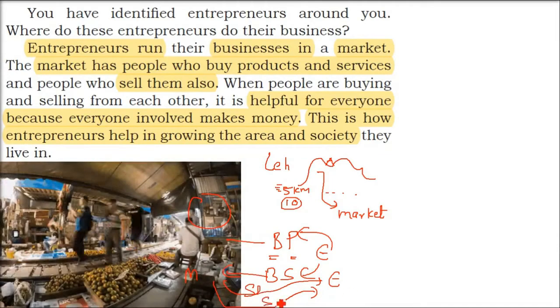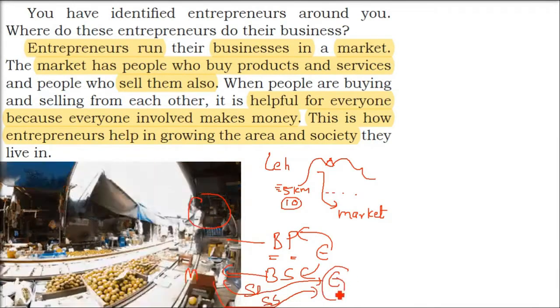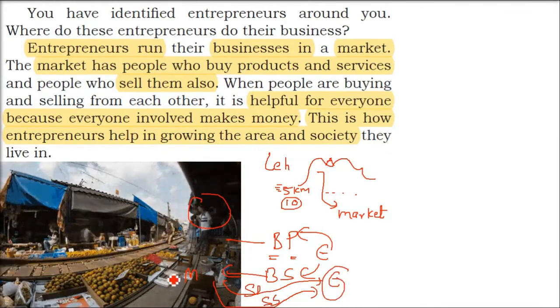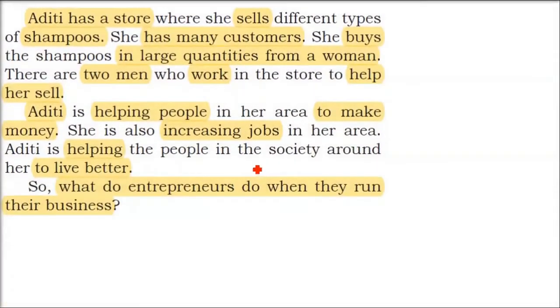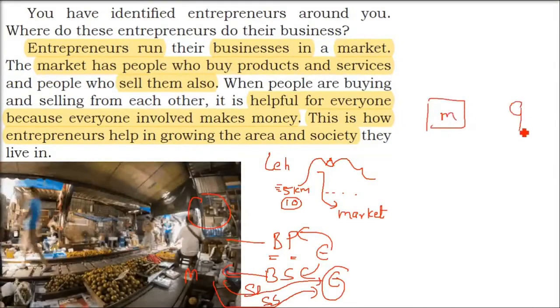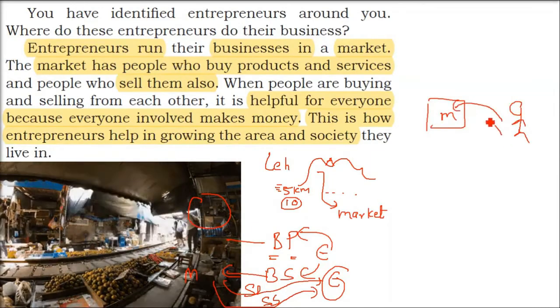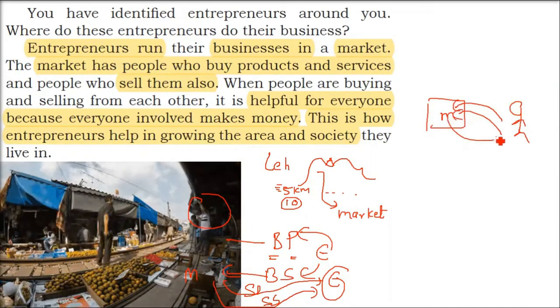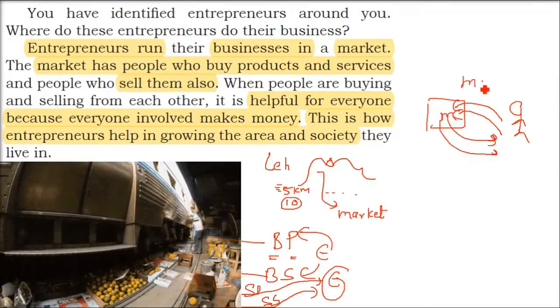So the market gives things to the entrepreneur, and the entrepreneur gives things to the market. There is a two-way exchange of products as well as services, selling and buying, and money is involved.